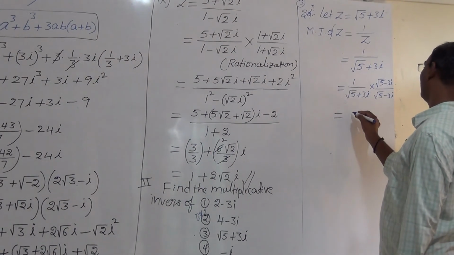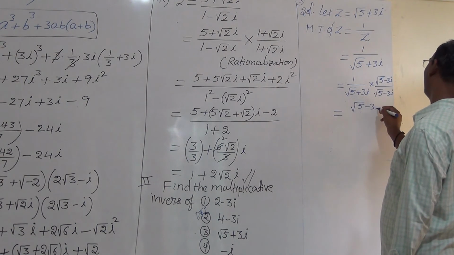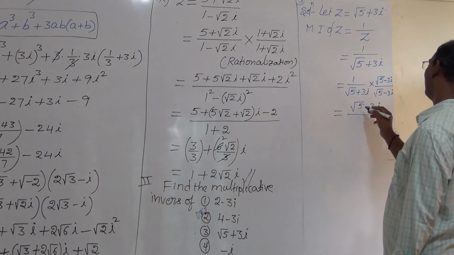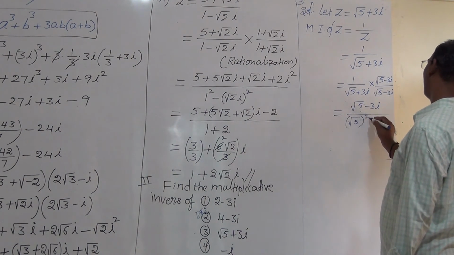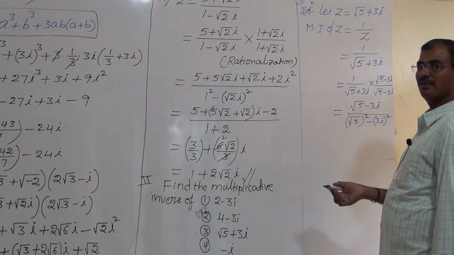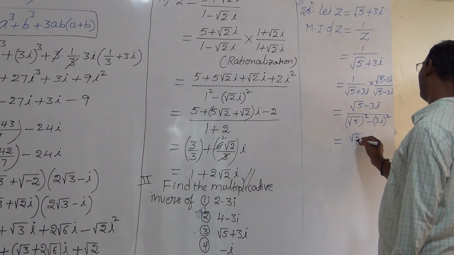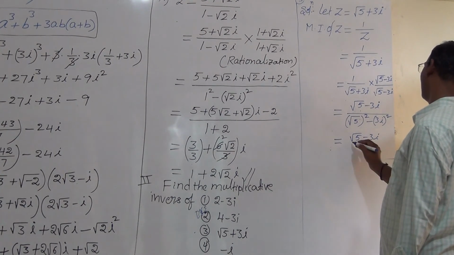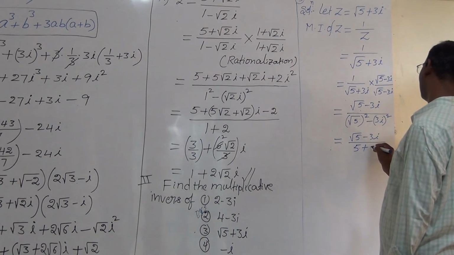This will be equal to square root of 5 minus 3 iota divided by root 5 whole square minus 3 iota whole square. Very simple method. Simplifying, square root of 5 minus 3 iota divided by root 5 whole square value 5 plus 9.